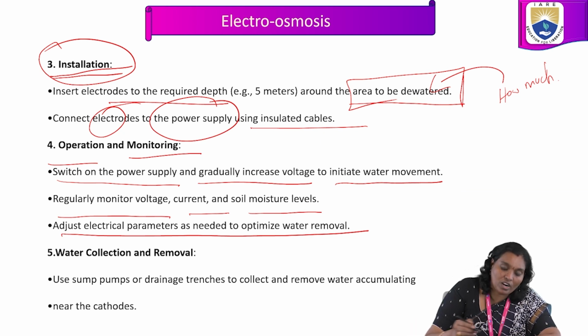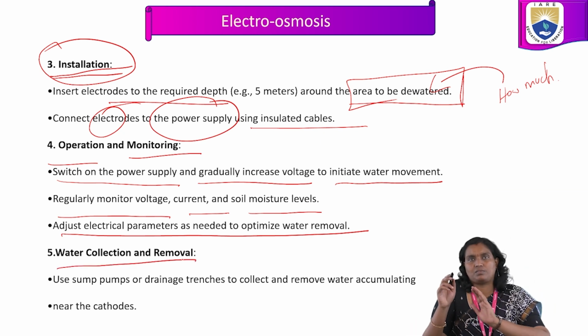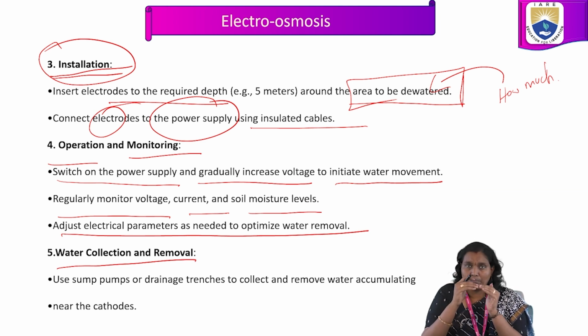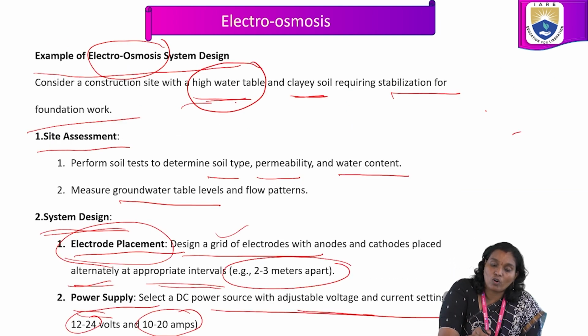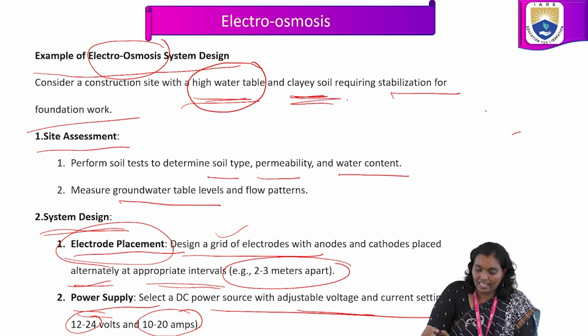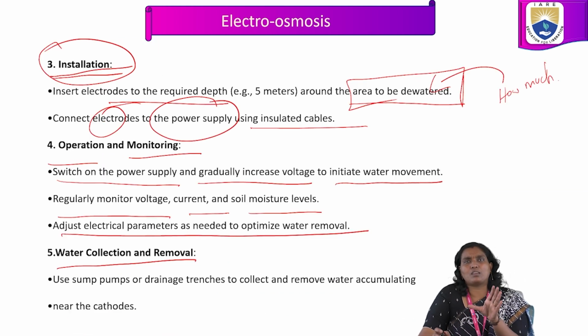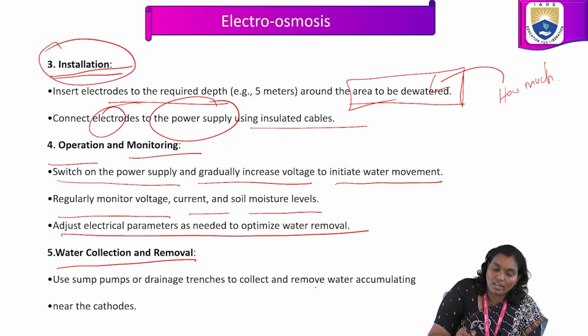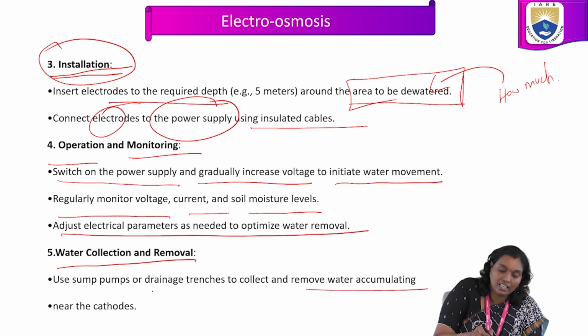The next one is water collection and removal. It depends on the situation, such as a high water table and clayey soils. We use pumps or drainage trenches to collect and remove water accumulated near the cathodes.